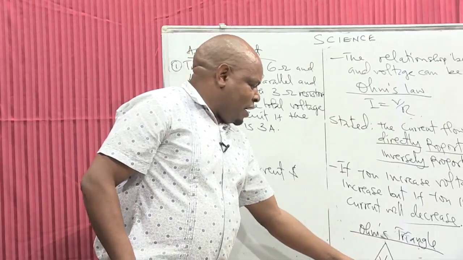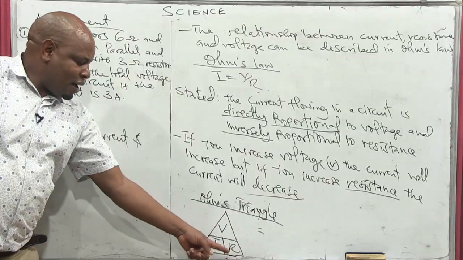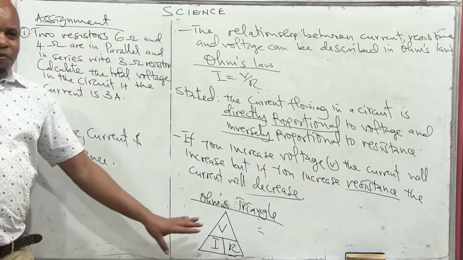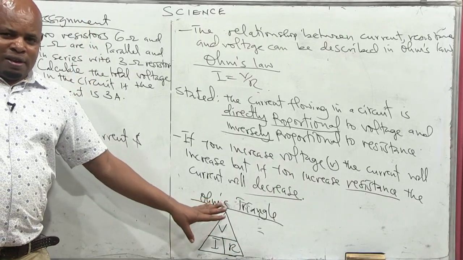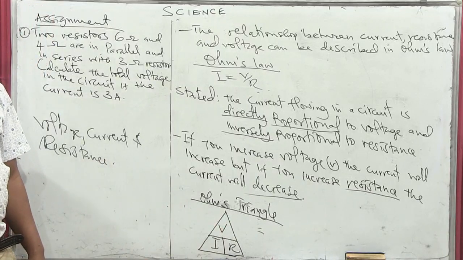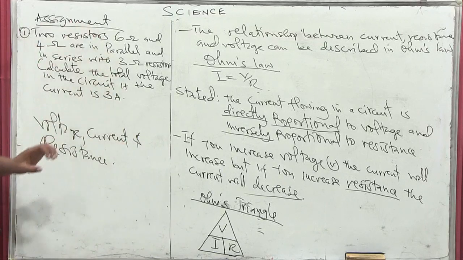Voltage is equal to IR. I is equal to V over R. R is equal to V divided by I. Have this one in your science exercise books. And try to attempt this question you have been given.